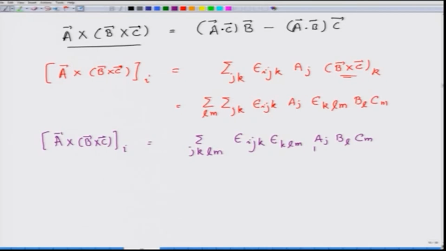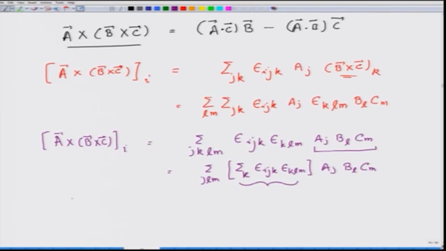Notice that A_j B_l C_m has no k in it. So, I can write this as summation over j, l, m, and then summation over k sums only over epsilon_ijk epsilon_klm, times A_j B_l C_m. The k sum is only here.